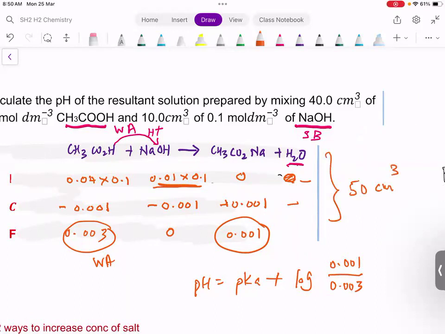If you want to convert the concentration, also can. Don't convert, also can, because they will cancel each other out anyway in this fraction. So that will be the ratio of the salt over weak acid.